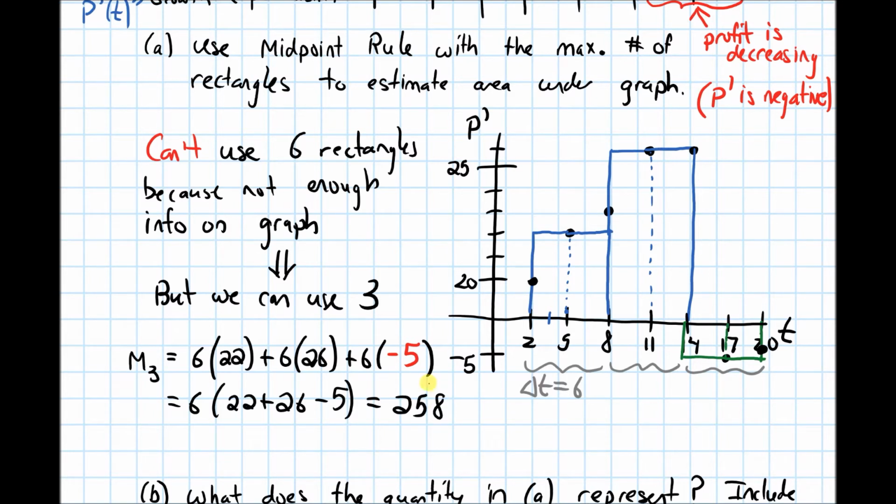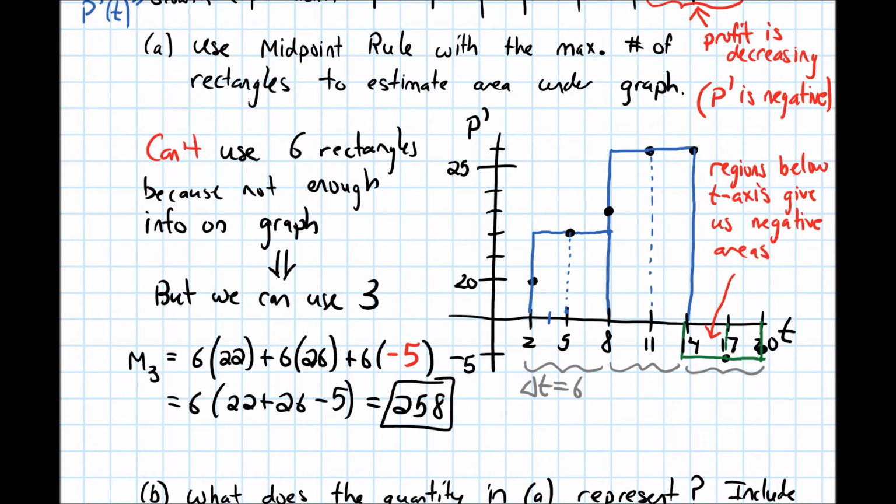Okay, so 258. One important thing that I want to keep in mind there, just like we saw here, is that regions below, in this case the t-axis, but sometimes it could be the x-axis, give us negative areas.